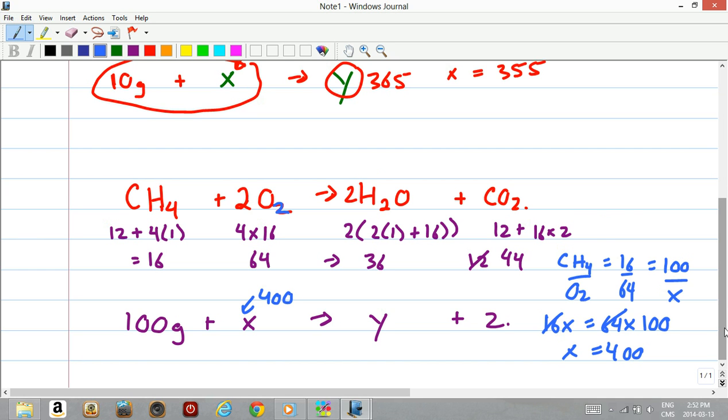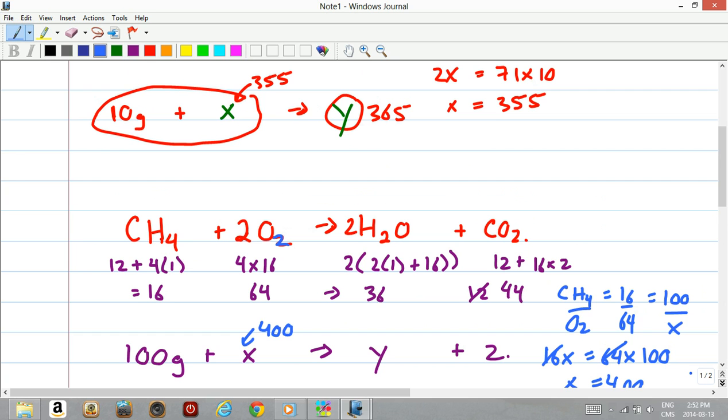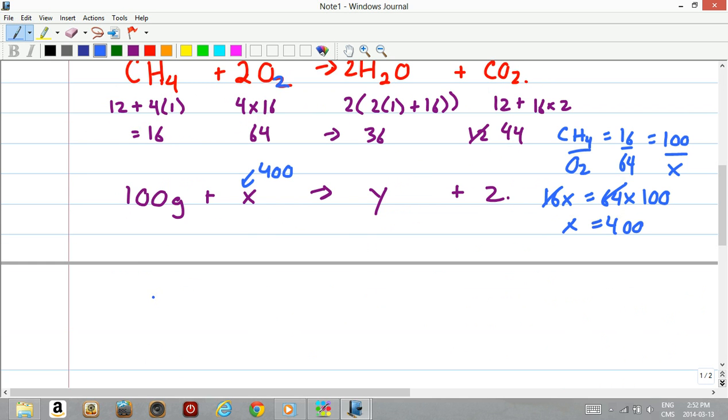We could take our equation. We can see that the ratio of methane to water is 16 to 36, right?